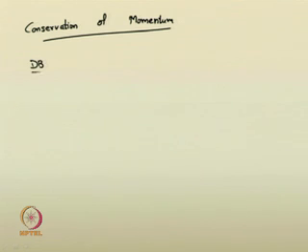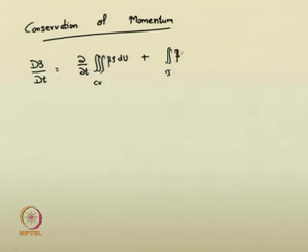Again, let me write the same equation: dB by dt is equal to dou by dou t of the volumetric integral of beta rho dU plus the control surface integral of beta rho V dot n dA. I hope you understand dU is the integral variable. If you integrate dU for the entire volume taken into account, that will give you the total volume.